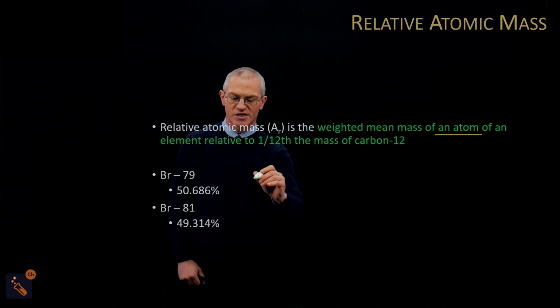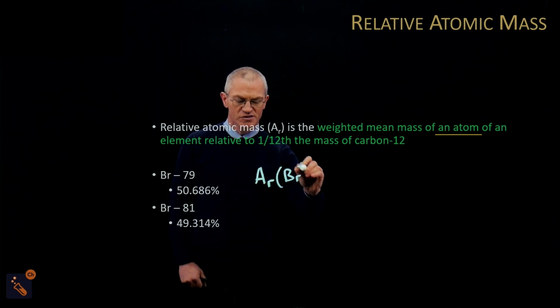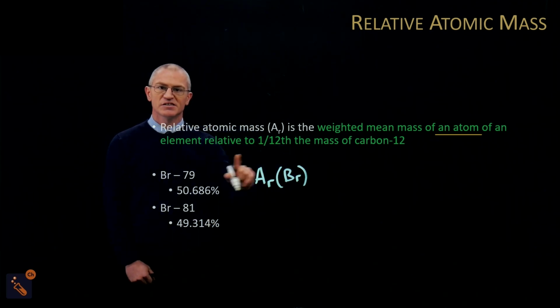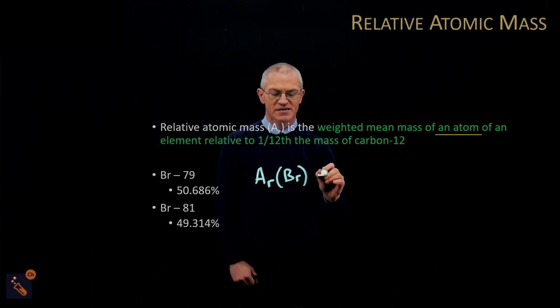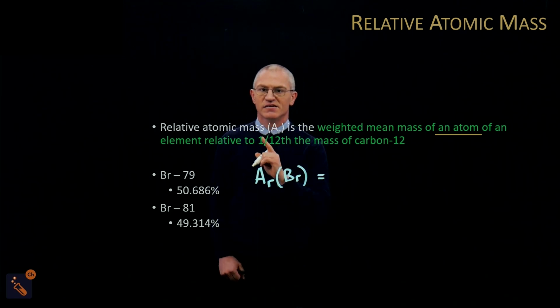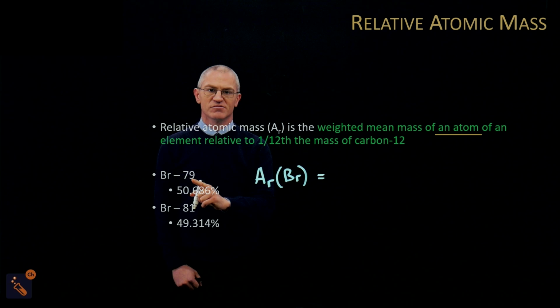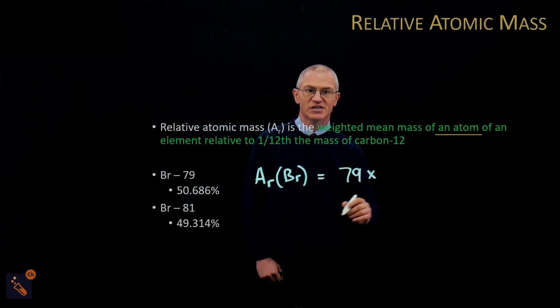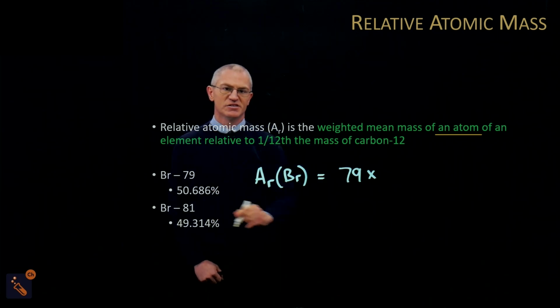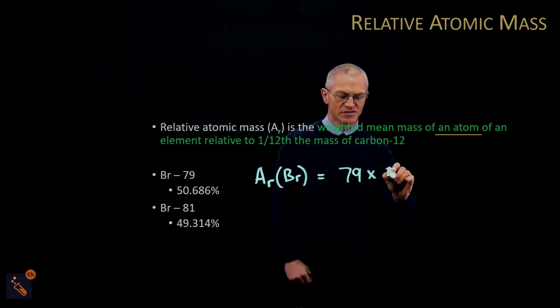So the relative atomic mass, so we put Ar, and in brackets bromine. It's always good to write it out in a very systematic way. And what we do is we take the relative isotopic mass, which is 79, and we times that against the percentage. So imagine there's 100 atoms.